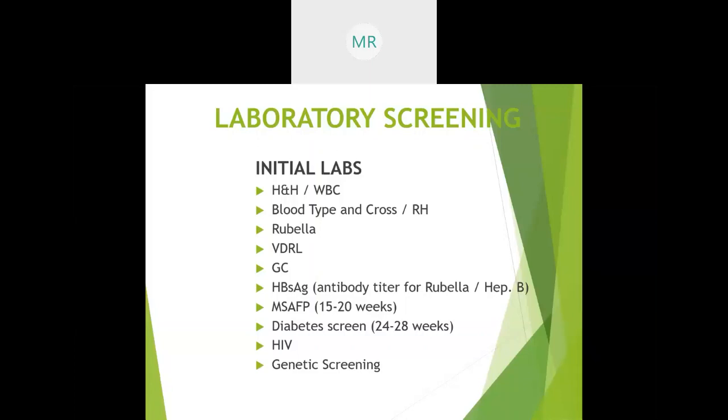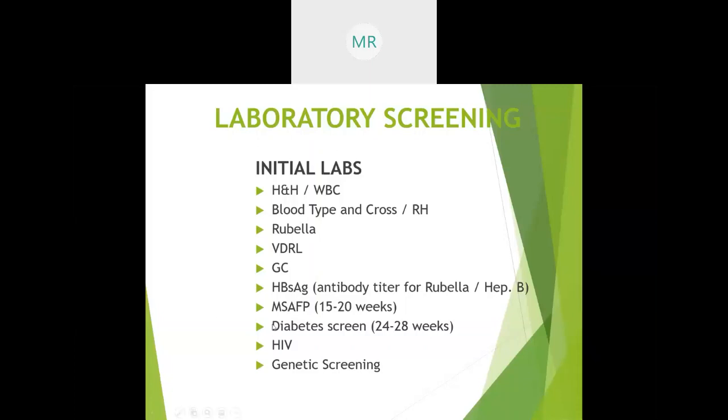The maternal serum alpha fetoprotein that's done between 15 and 20 weeks, again, the levels can help detect neural tube or abdominal defects, chromosomal abnormalities or anomalies, Down syndrome, which is trisomy 21. If the levels are off, then they're going to do an amniocentesis and an ultrasound, and we're going to go through diagnostics in a minute here.